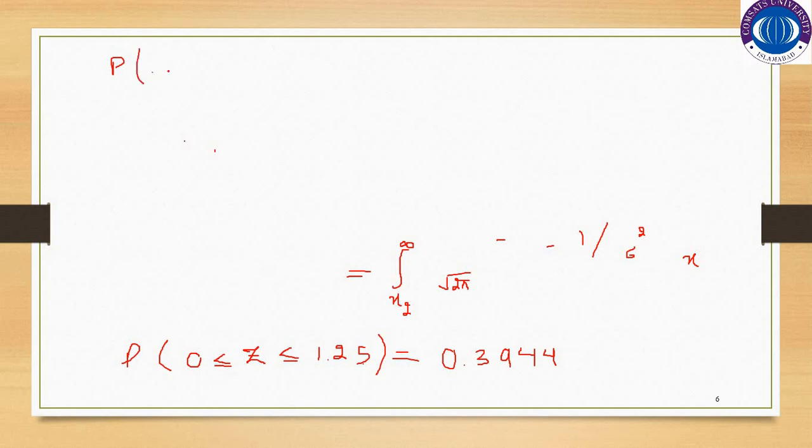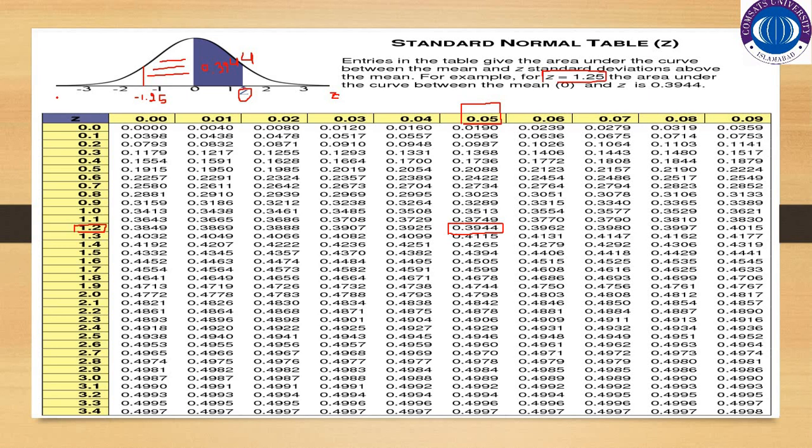This will be the probability of minus 1.25 less than z less than 0, as z is the random variable from minus infinity to plus infinity. So this is the starting point, from minus 1.25 to 0, and what will be the probability, or the area between these 2 points?